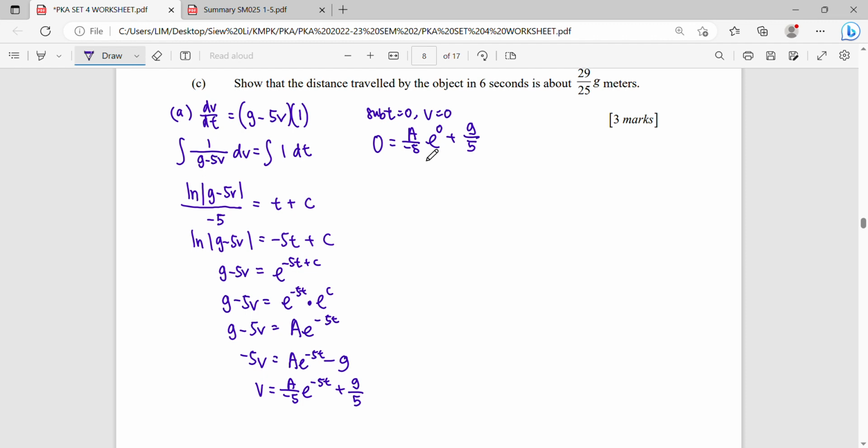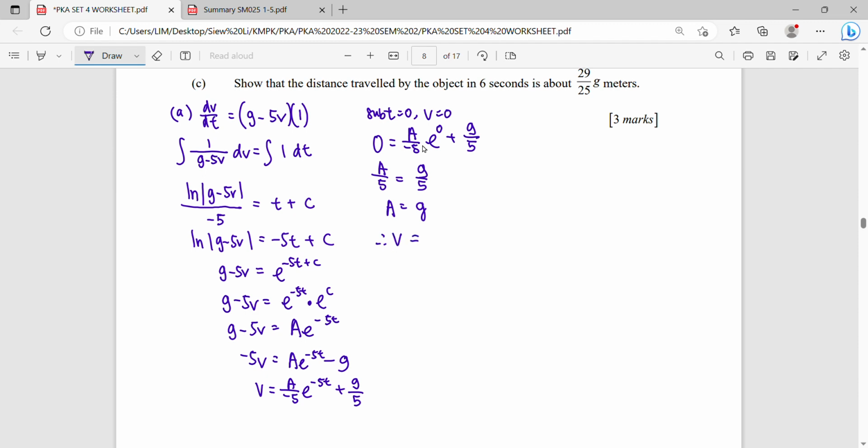Habis. E kosong, bukan kosong ya, e kosong 1. So negative, negative become positive. So A is g over 5. Betul? Then only our solution is the particular solution. Tadi ini general saja.